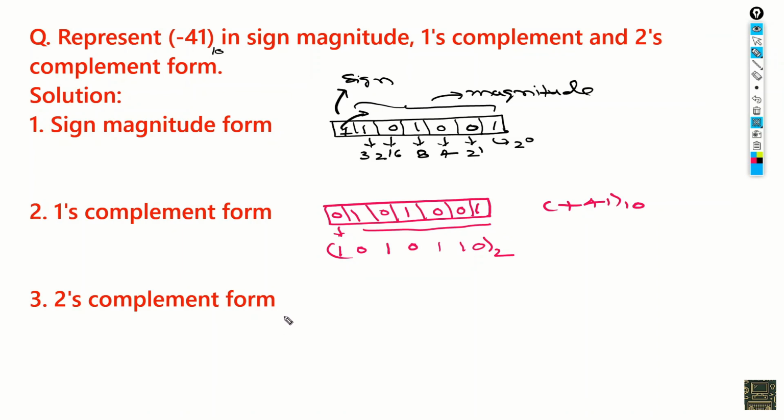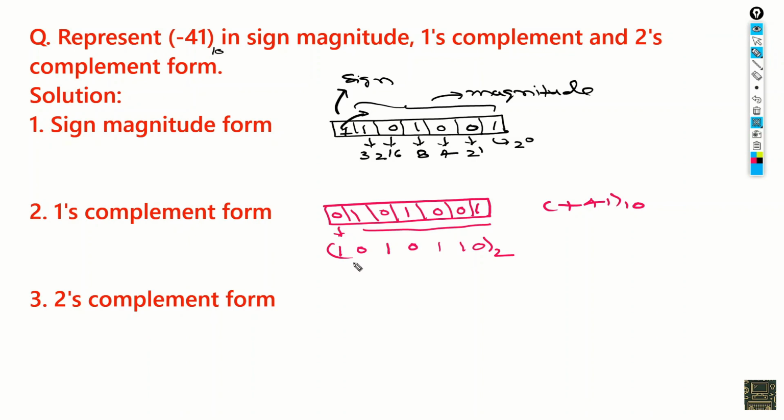In order to represent in 2's complement form, first we will represent the number in sign magnitude form for plus 41. Then we will calculate the ones complement of that number, and then we will add the value plus 1.